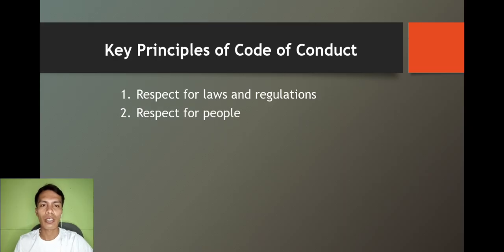Then of course, respect for people, especially for people who implemented the law and regulations. We need to respect people, no, everyone around us we need to respect. So that you will be considered a respectful person, and in that way you show the code of conduct, that you follow the rules of conduct.